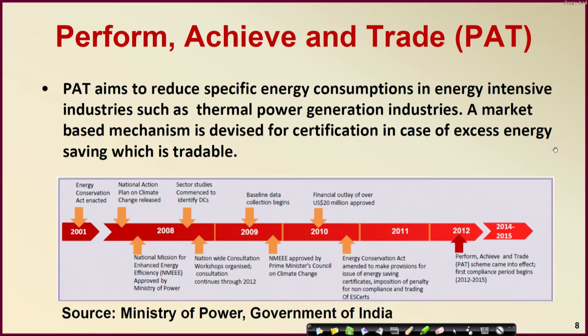The sector studies commenced to identify DC, the designated consumers, those specific industries who will actually be looked into, and nationwide consultation workshops were organized. Consultation continued through 2012. In 2009 baseline data collection began. You have to collect data on what is happening. Then NMEEE was approved by the Prime Minister's Council on Climate Change.